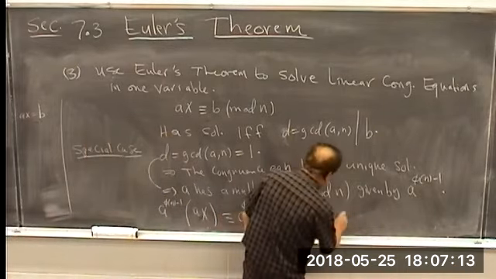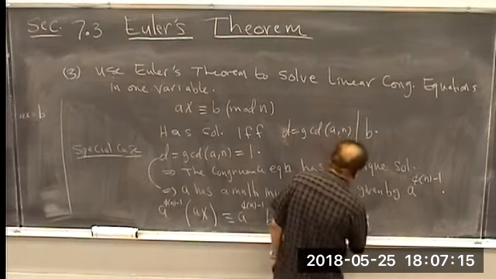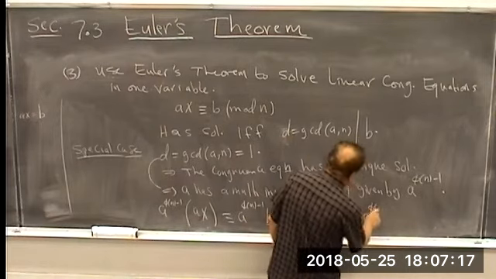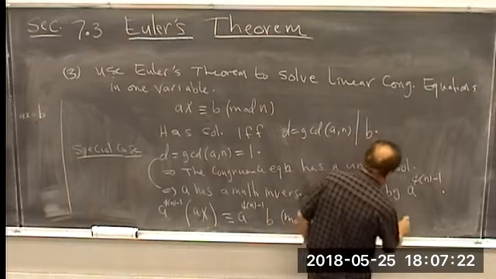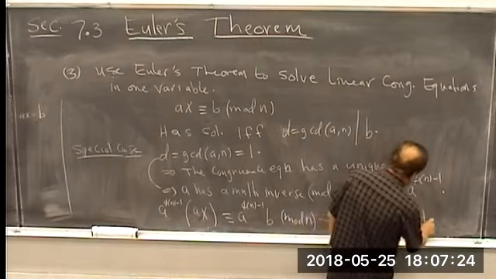So this implies x equals a to the phi of n minus 1 multiplied by b is the solution.